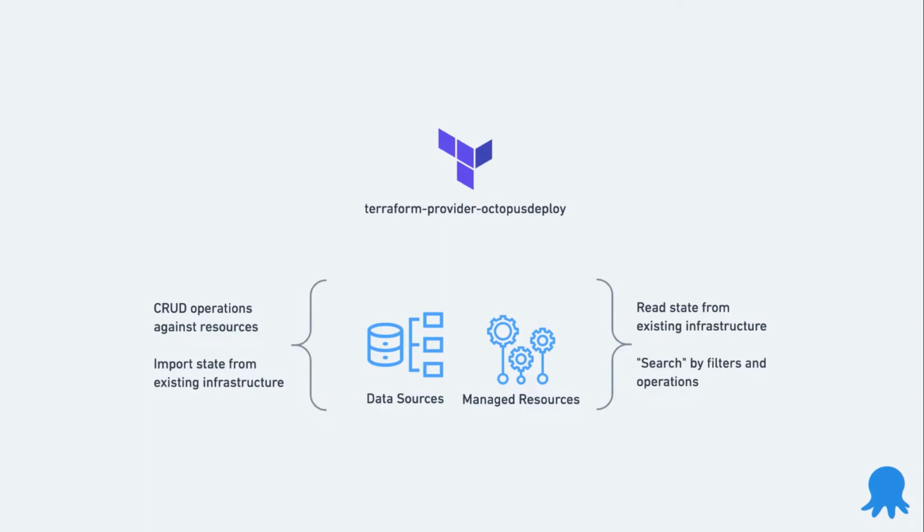Those are reflected in our API. The resources themselves will conduct all the CRUD operations that you wish to conduct against them. So if you wish to create new accounts, delete accounts, etc., those will be done against the resources. In addition to that, with this new import infrastructure, you can go ahead and now import existing infrastructure that's in your Octopus instance against them.